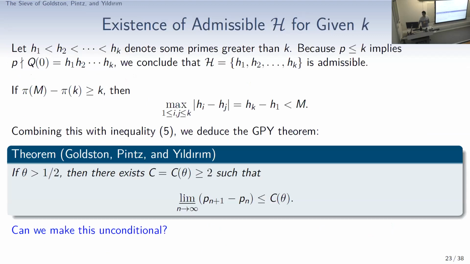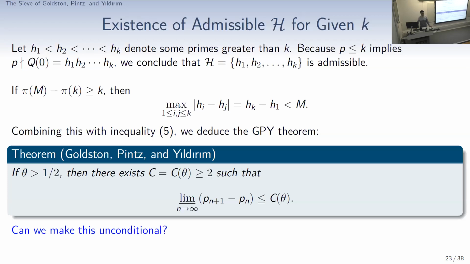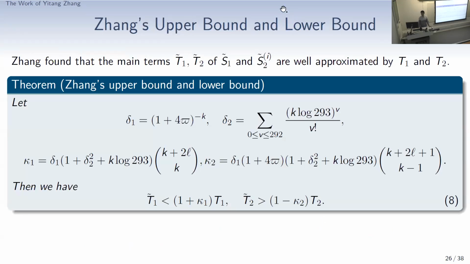By main terms, I mean the T1 and T2 on the right-hand side from the estimation of the original GPY sieve. If we estimate the differences between the main terms from S1 and S2 in Zhang's sieve, they are not that different from each other. And these are just some details of this calculation.